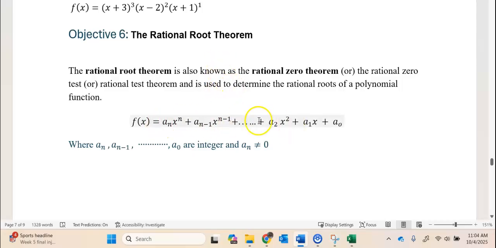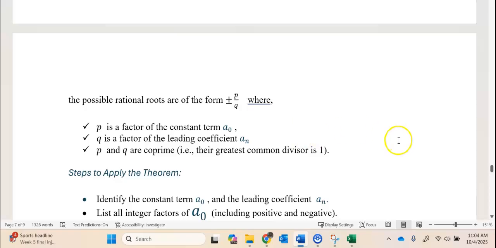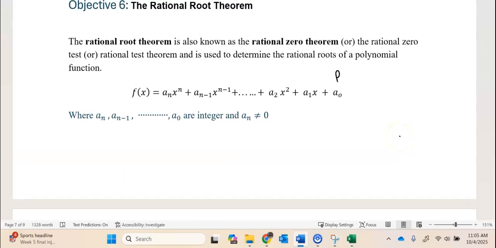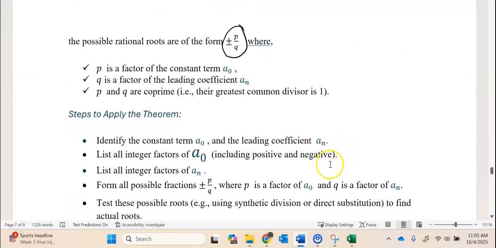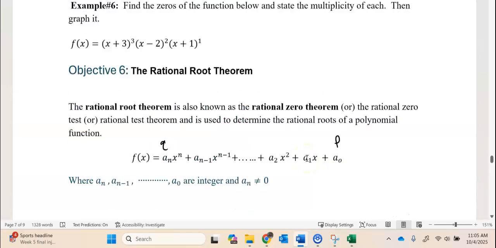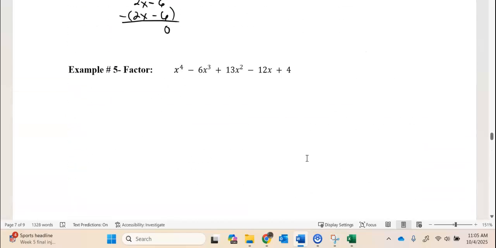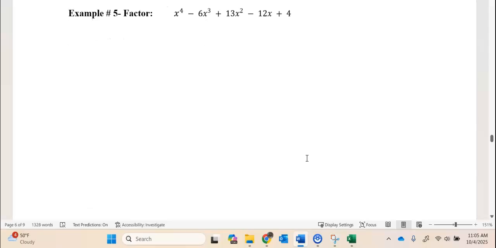If you're given this polynomial function, then all of your possible rational roots will be written as the factors of the last term, p, this guy, divided by factors of your first term, q. Okay, so that means any potential rationals, just the rationals, I can get from dividing the last number by the first number. So let's go back to this one and try to employ that.